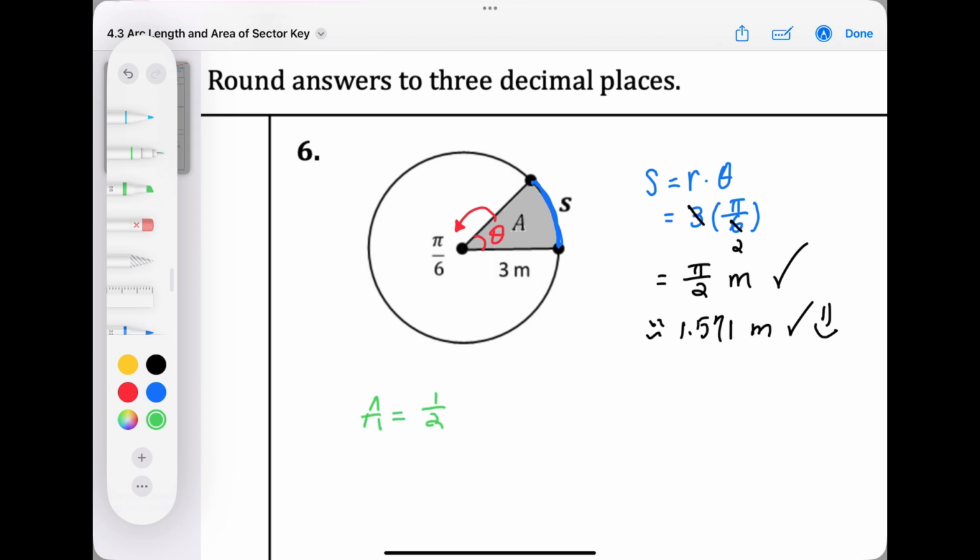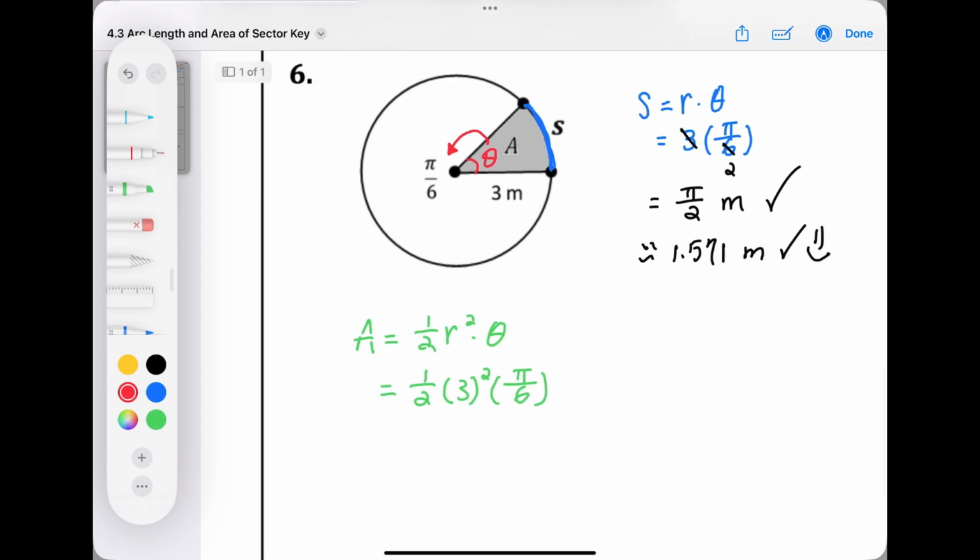All right, how about my area of the sector? So the area of a sector is equal to 1/2 r squared times the central angle. What you see is what you got. 1/2 times 3 squared times my central angle. It's pi over 6. Now, housekeeping. We talk about that bottom, top.